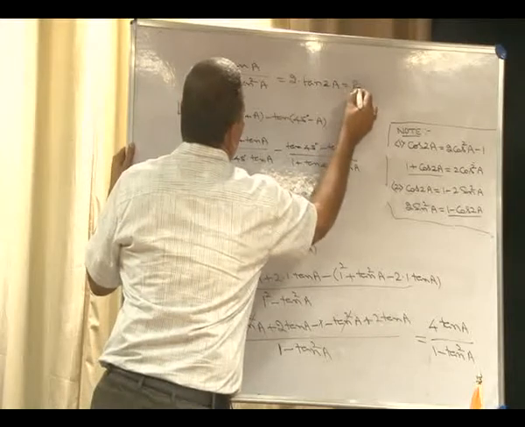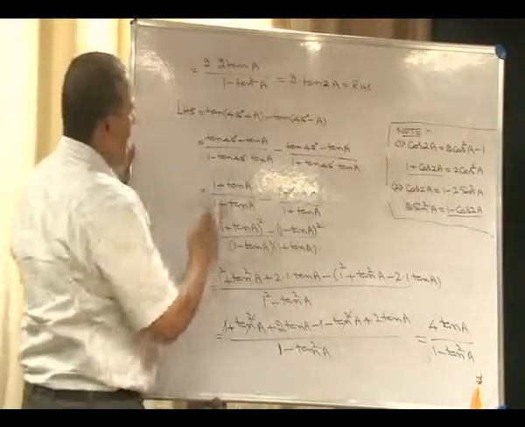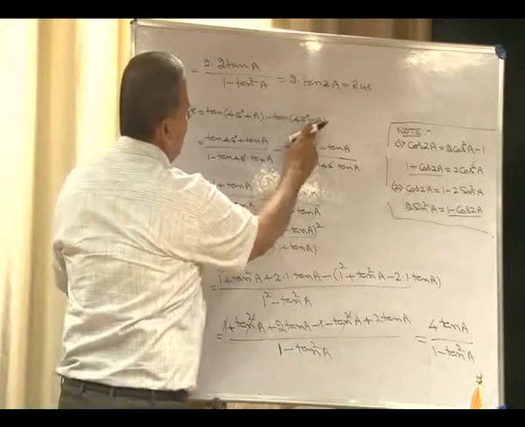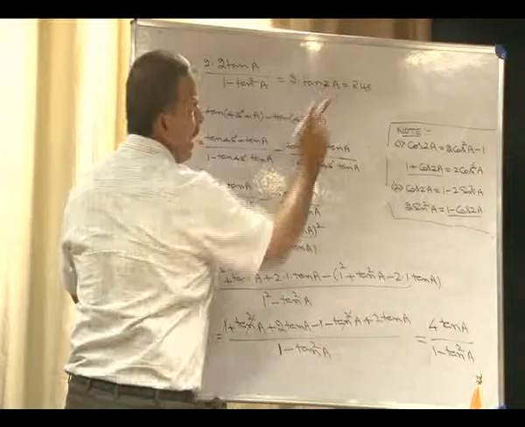That is equal to RHS. Here the tan of 45 degree plus A minus tan of 45 degree minus A is 2 times tan 2A.